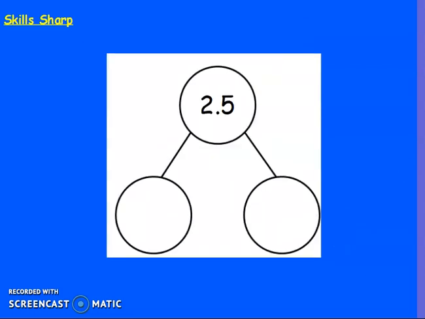Let's make it a little bit harder. What if we're working with decimal numbers? So this part-whole model has got the number 2.5. Can you remember what 0.5 means?